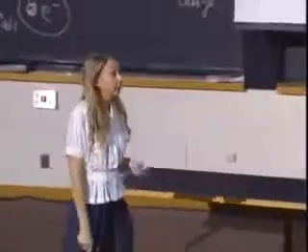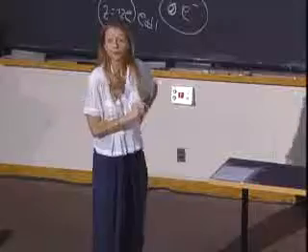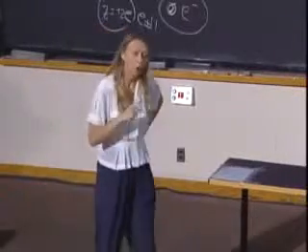Now, in the fourth period, what happens here is that those first two electrons go into the s states. They do not go into the 3d states, because those s states are lower in energy than the 3d states.